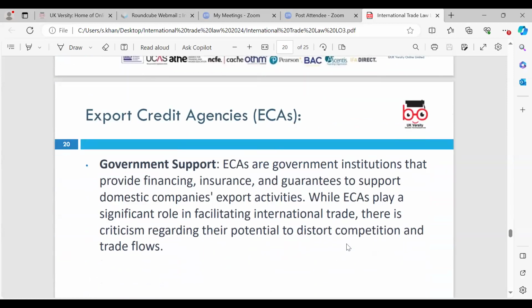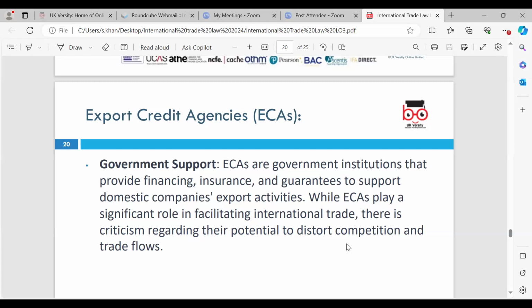Export credit agencies. These are government institutions that provide financing, insurance and guarantee support to domestic companies' export activities.